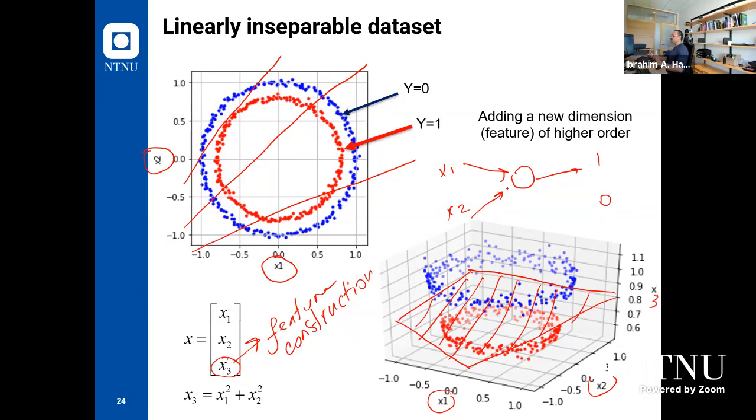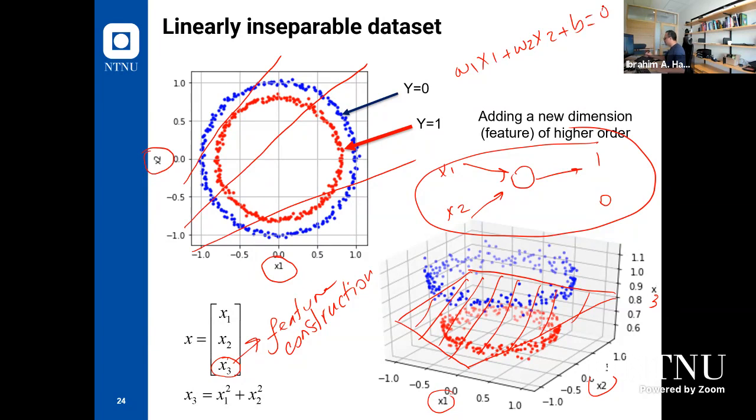It will be impossible to find a straight line, because this model generates a straight line, omega 1 x1 plus omega 2 x2 plus b equals 0. Even if you change the omega values and the b value, it will be impossible to solve this problem. So we cannot solve this problem using logistic regression.